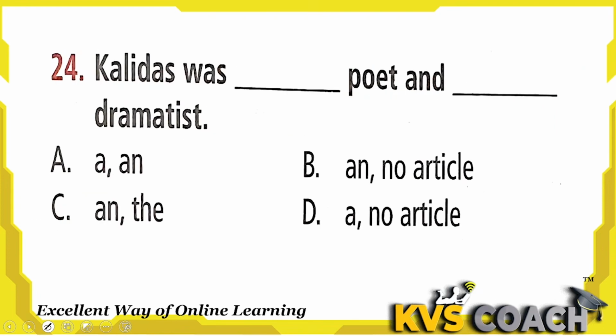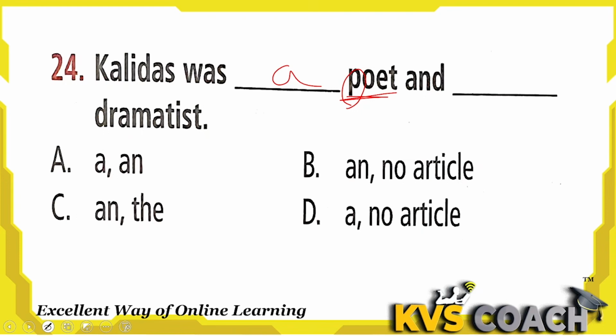Next one is, "Kalidas was dash poet and dash dramatist." Look, "poet" is a singular, common noun. What will we use, "a" or "an"? Here P is a consonant, so we use "a." Kalidas was a poet and dramatist.